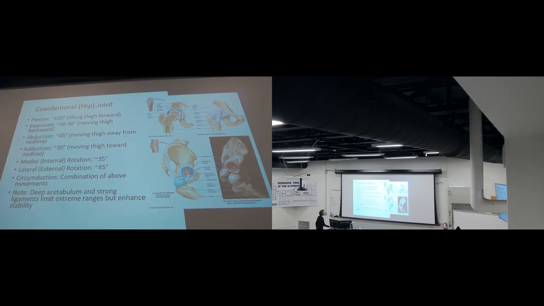And then these are the different parts of the joint. So this is the lateral view. Here we have the lumbar vertebrae, this is the sacrum, coccyx, this is the coxal bone, and this is the proximal part of the femur.